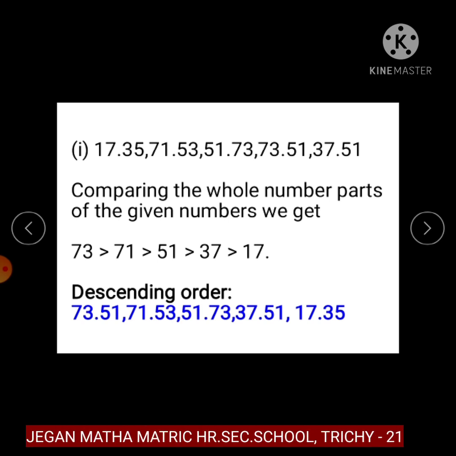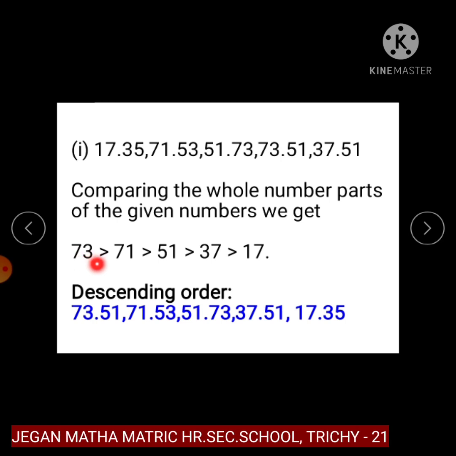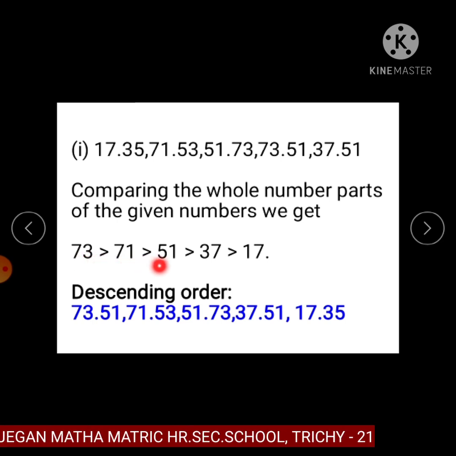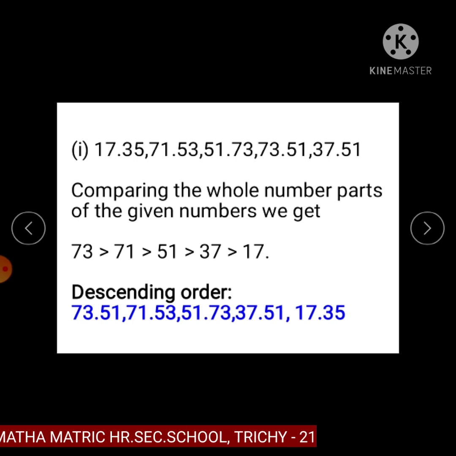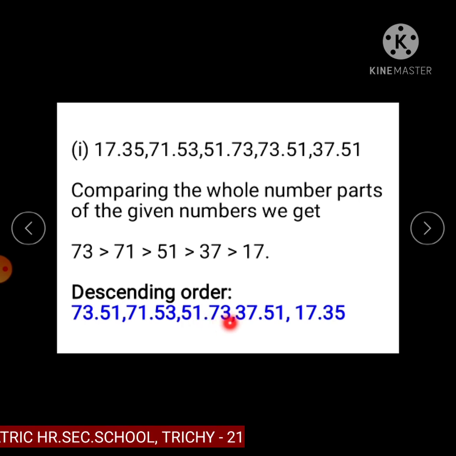We get 73 is greater than 71 is greater than 51 is greater than 37 is greater than 17. So the descending order of the given numbers is 73.51 is greater than 71.53 is greater than 51.73 is greater than 37.51 is greater than 17.35.